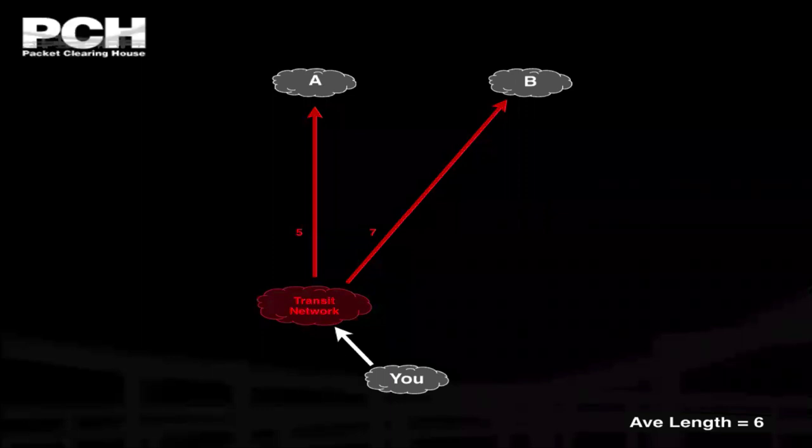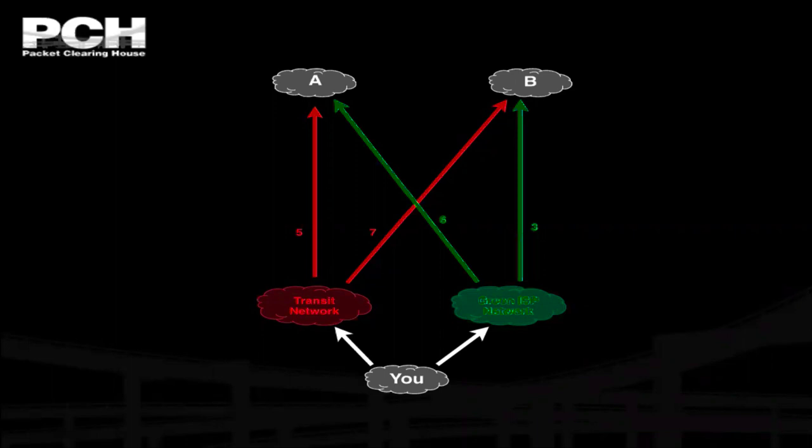But I said that when you added a second transit provider, you started to behave like a least cost router. And that's exactly what happens here. We've added a transit provider green. Transit provider green has 2 parts to the same networks that we're looking to connect to, but the parts are different. Maybe it's because transit provider green is from a different part of the world. Maybe it's because they purchase services from a different place. Maybe they peer in a different place. We don't care too much about it. But what matters is that they're different.